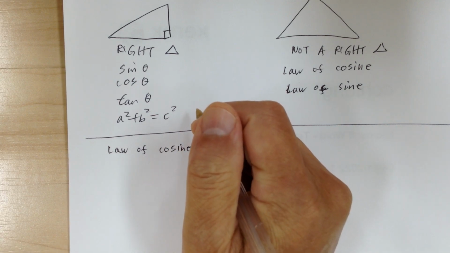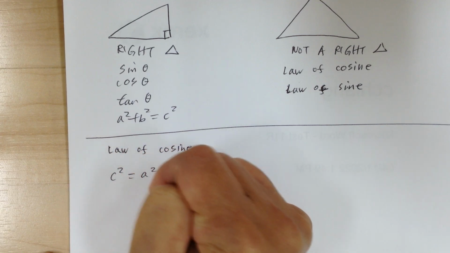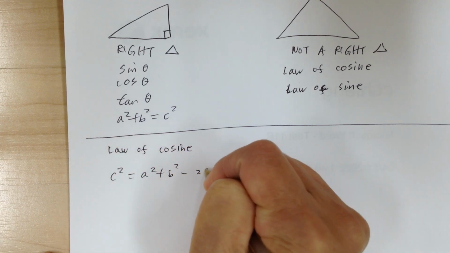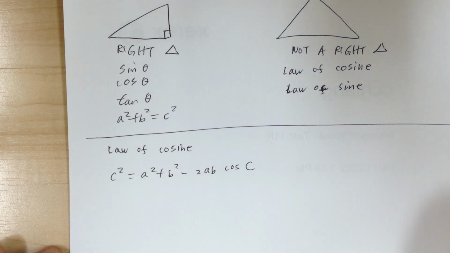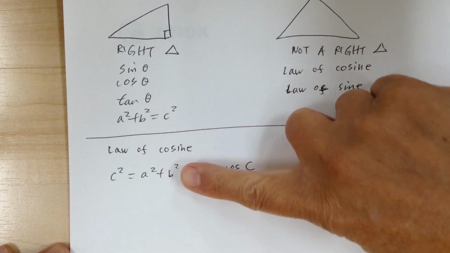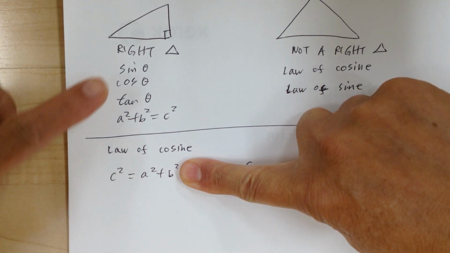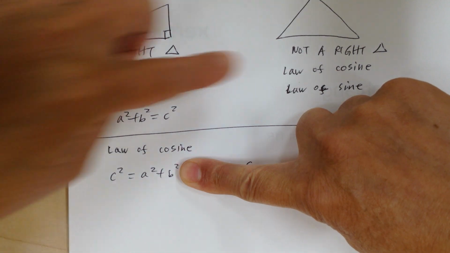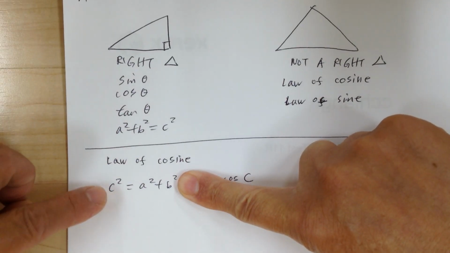it's on page 580, and you have c squared equal to a squared plus b squared minus 2ab cosine of C. If you notice, from the Pythagorean theorem, this part over here is your Pythagorean theorem. So this equation is a special case of that.